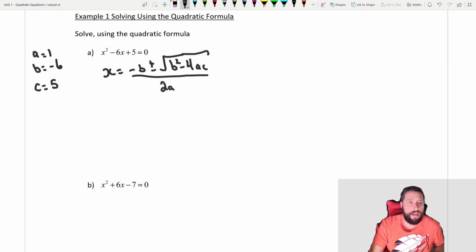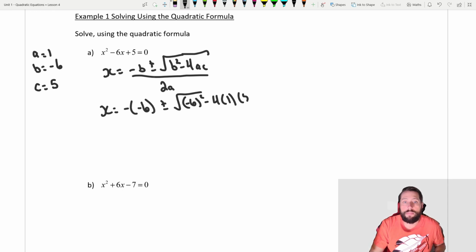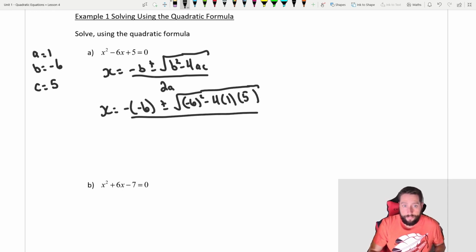Now let's substitute all the values in, a being 1, b being negative 6, and c being 5. So now we have x is equal to negative negative 6 plus or minus the square root of negative 6 squared minus 4 times 1 times 5, all over 2 times 1.